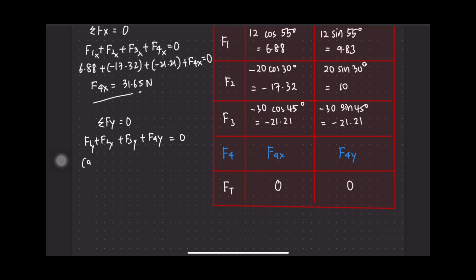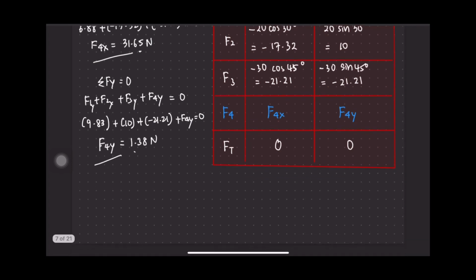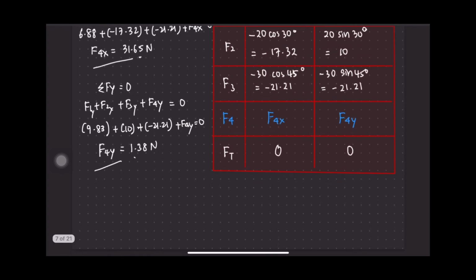So 9.83 plus 10 plus negative 21.21 plus F4y is equal to 0. So F4y is equal to 1.38 Newton.